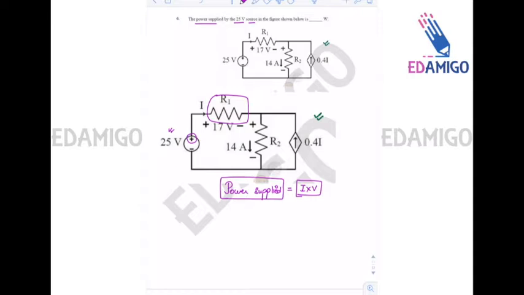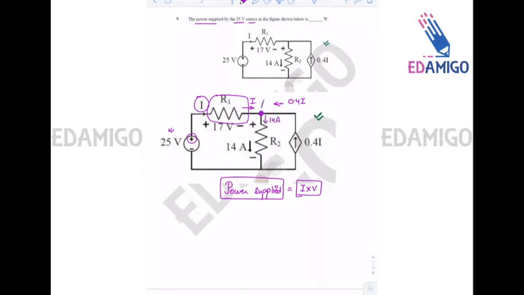Okay, so now we have to find the current I. A very simple KCL at this node will tell you that the incoming current from left is I, from right is 0.4 I, and the outgoing current is 14 amperes.